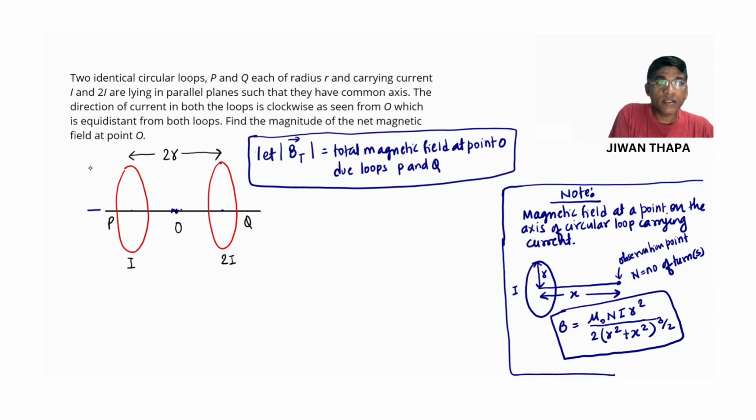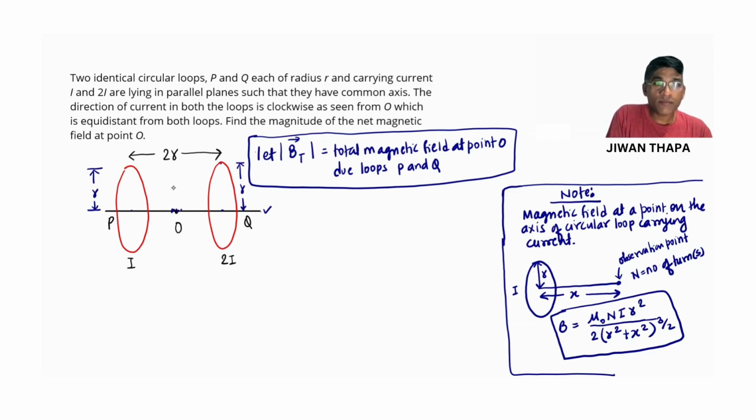we have identical loops P and Q having radius R, and they are separated by distance twice R, and this is the common axis, and O is a point on the axis which is at equal distance from P and Q, and loop P is carrying current I and loop Q is carrying current 2I.